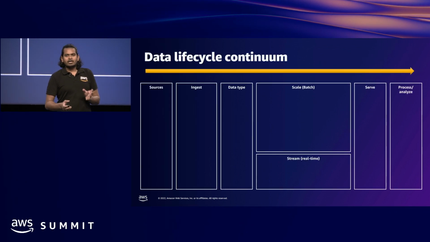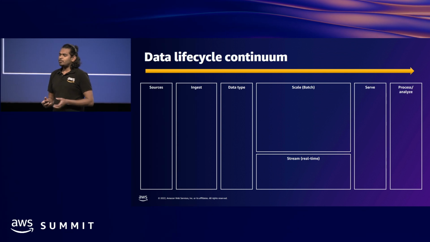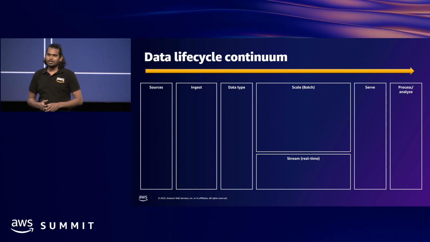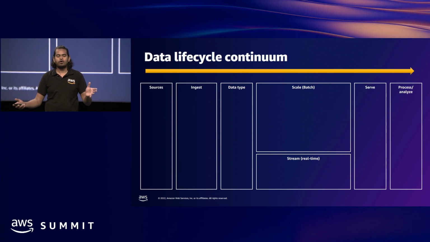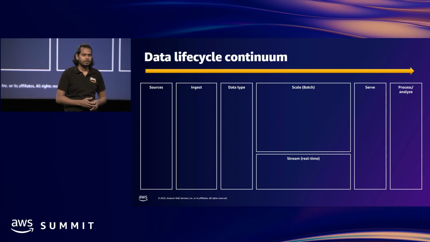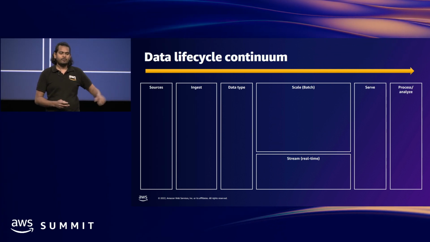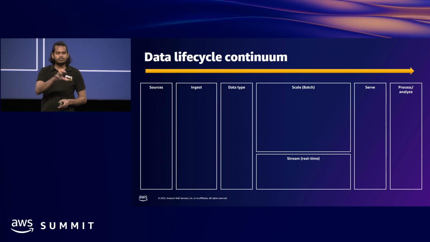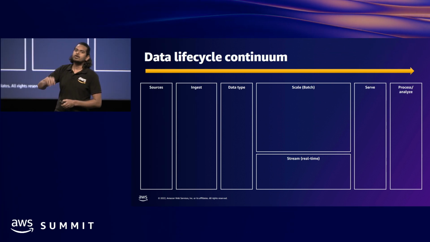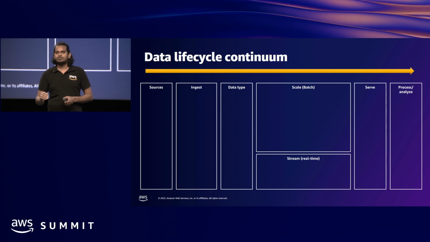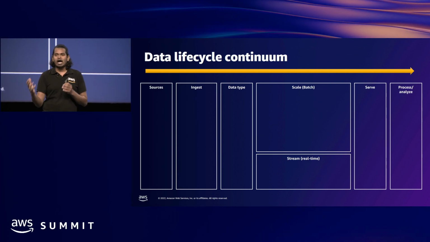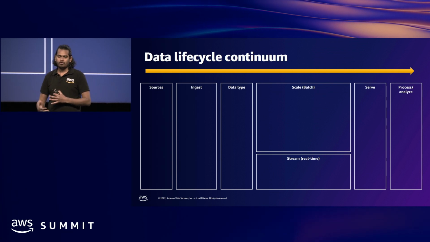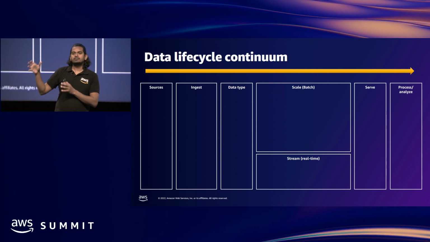So this is a typical data platform architecture. You may be familiar with the blocks that I'm showing here. The 7 blocks show a typical data platform from left all the way to right. If you look all the way to the left, you have the sources that leverage the services in the ingestion layer to ingest different types of data, which can then get processed either in a batch format or in a real-time format, and then it is stored in a serving layer.